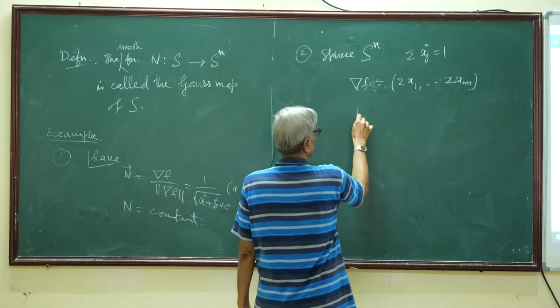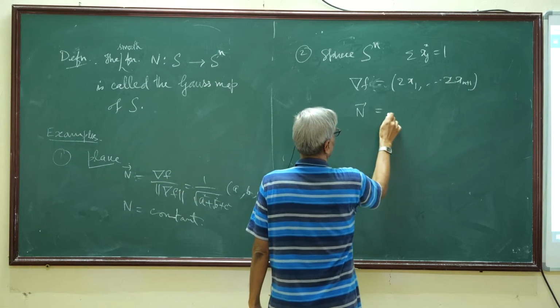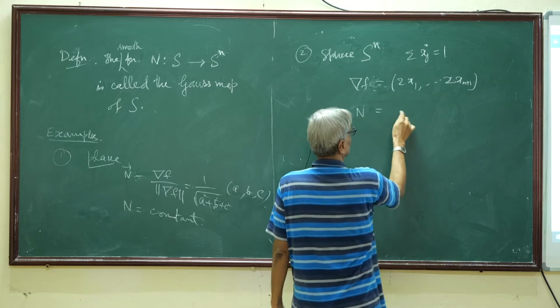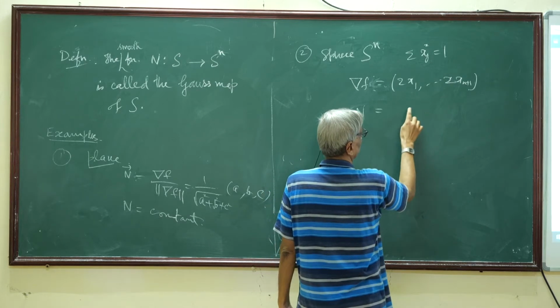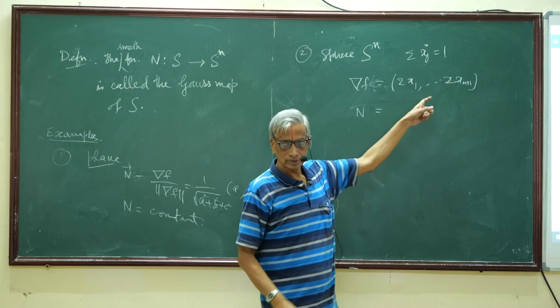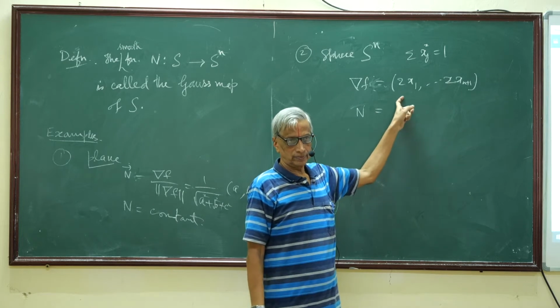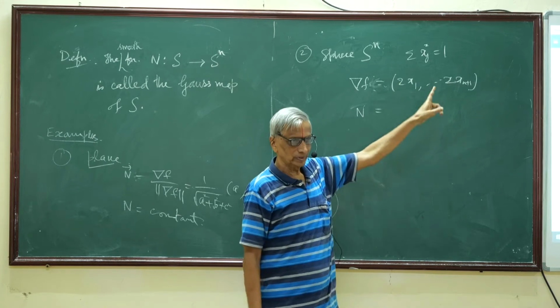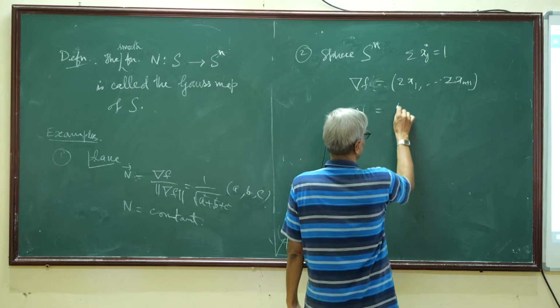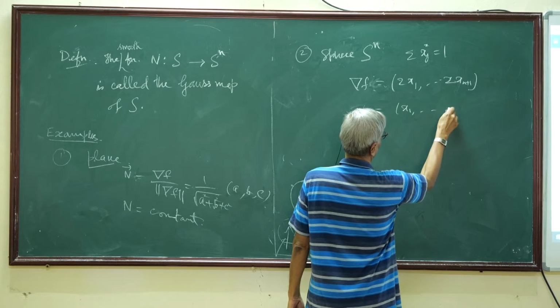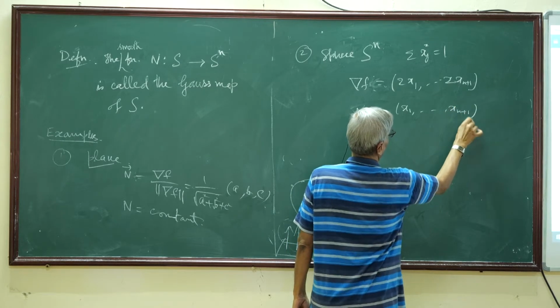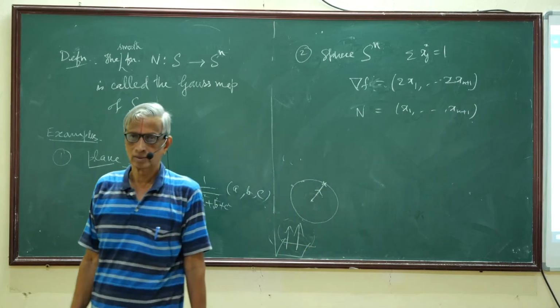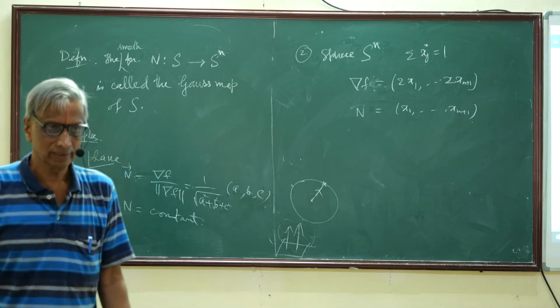So n is what? Norm of this, square root of 4x1 square blah blah blah. So 2, so this 2 will cancel off. We will again just get... right.